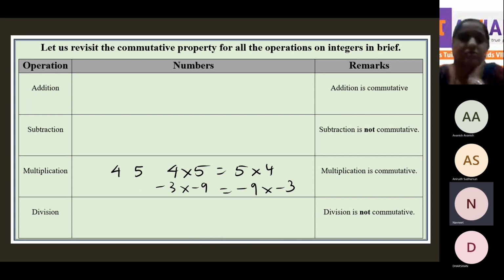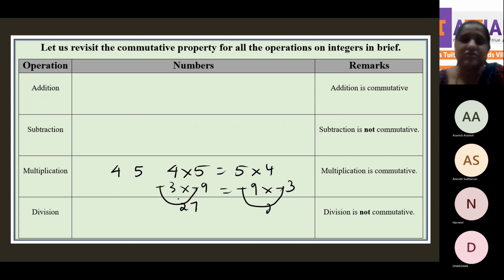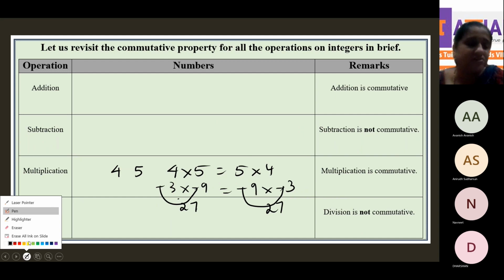So when you take two integers and find their product, minus 3 into minus 9 gives the same answer as minus 9 into minus 3. It's 27 in both the cases. Minus into minus is plus, 9 3s are 27. So we say that multiplication is commutative on integers.